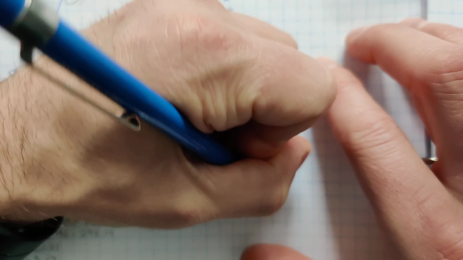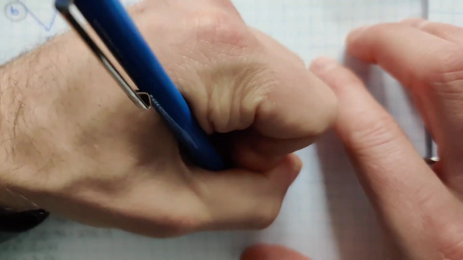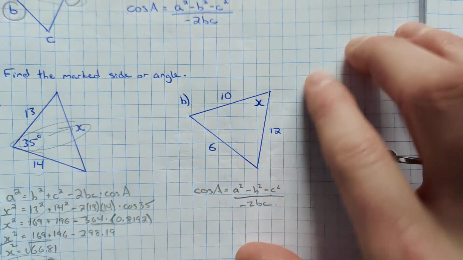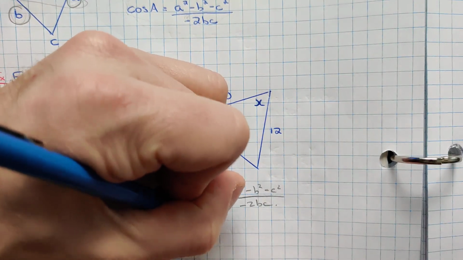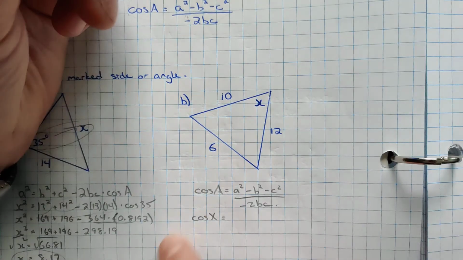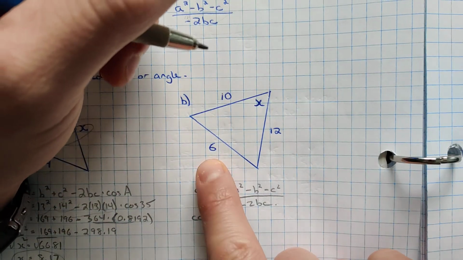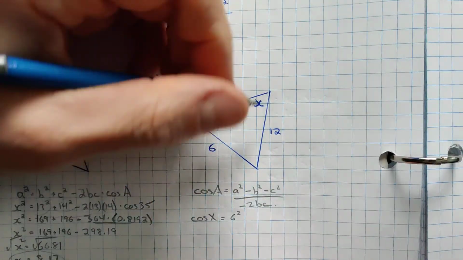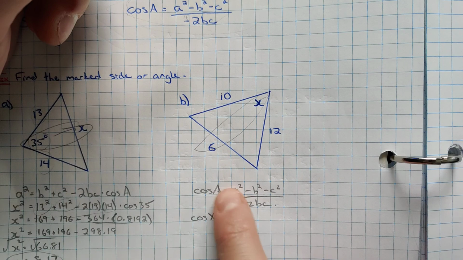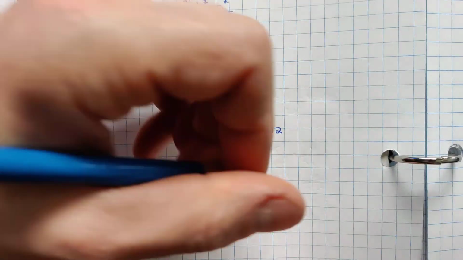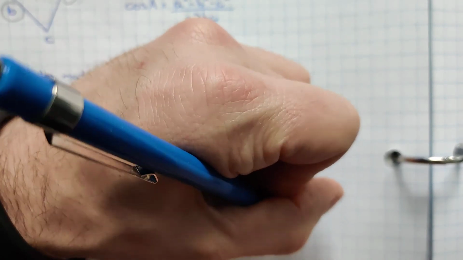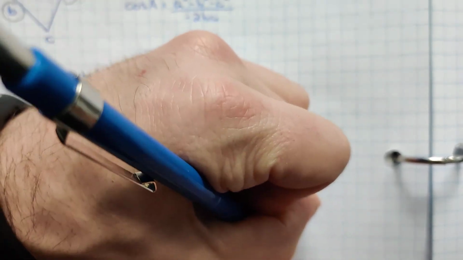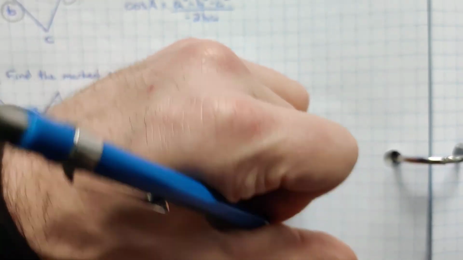A squared minus B squared minus C squared over negative 2BC. So cosine A is my angle of x. So cosine of x equals, and then 6 squared, because that's the matching pair. That's my A's. And then the other two, B and C, don't matter the order. 10 squared minus 12 squared over negative 2 times 10 times 12.